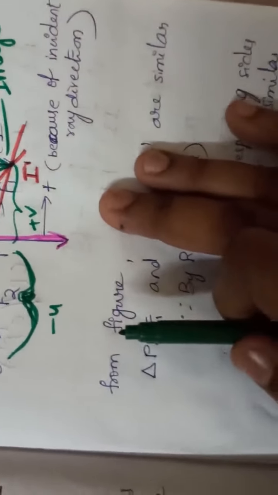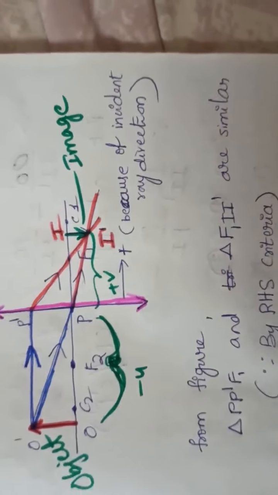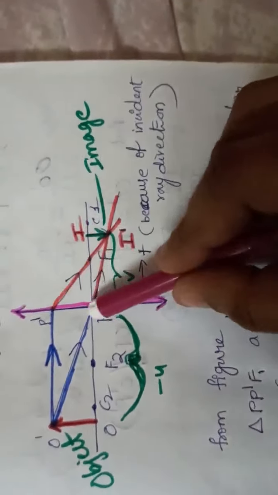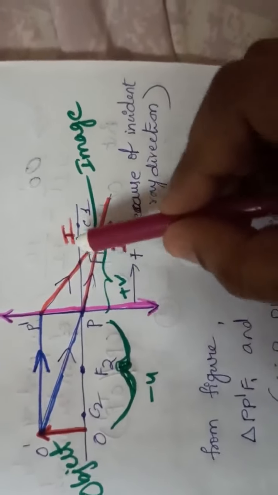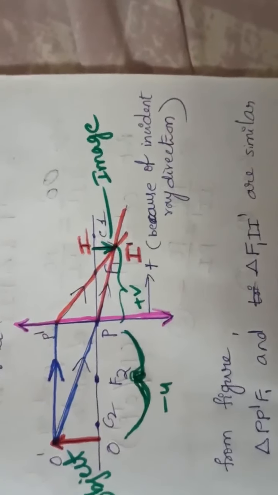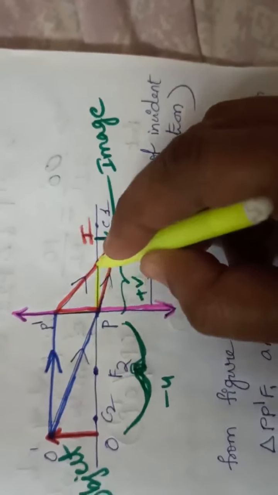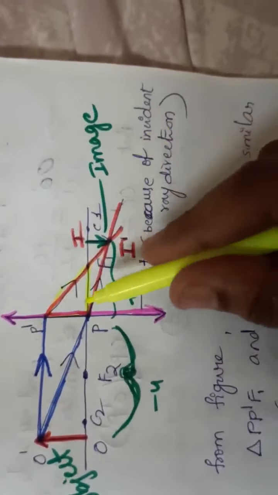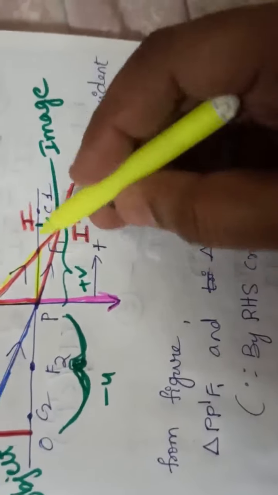Yes children, next from the figure, consider the two triangles. Here I am considering the triangle P dash F1, and I think you got that this is a right angle triangle, and another triangle I am taking F1 I dash.